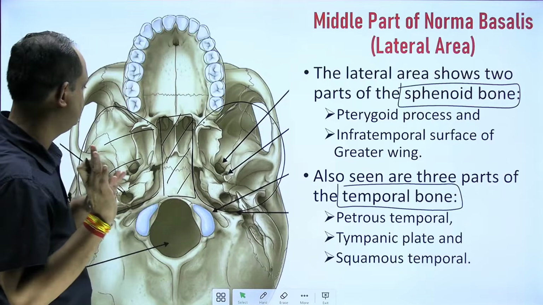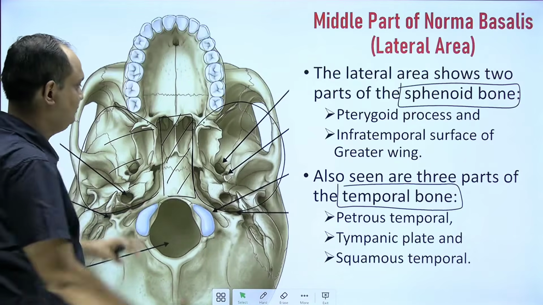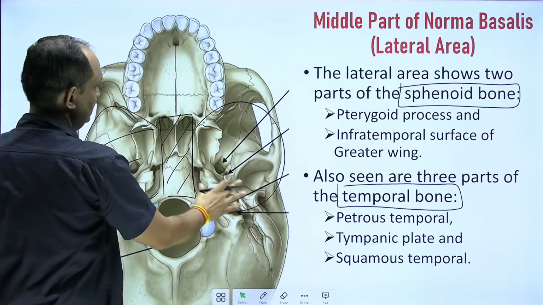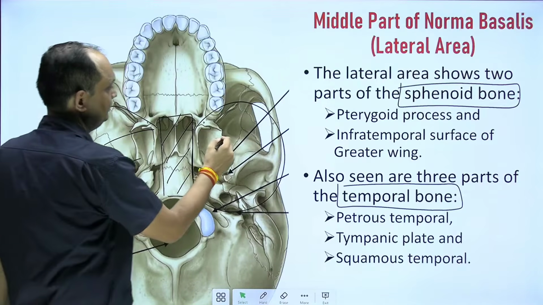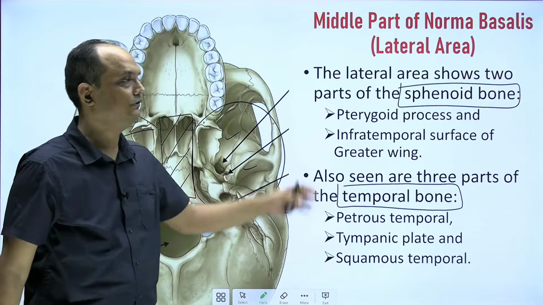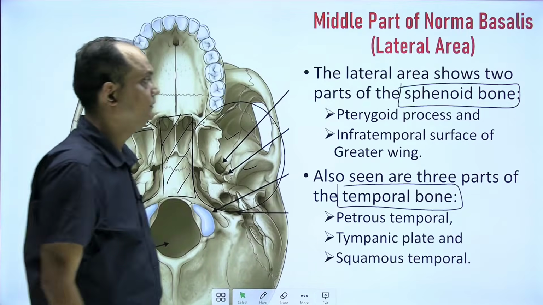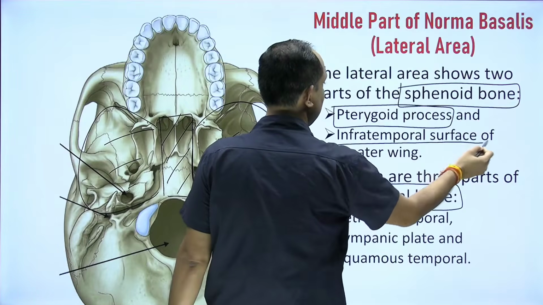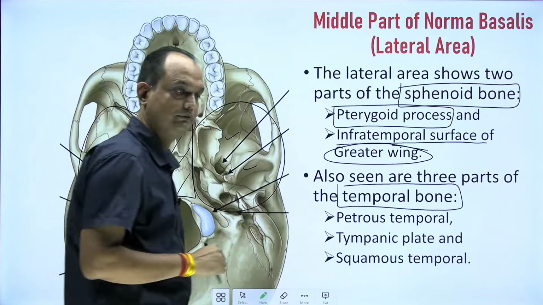When you see this norma basalis, I am talking about these two lateral sides of the middle portion. Here you will have the contribution from the sphenoid bone and temporal bone. Now which areas of sphenoid bone are visible in this view? First is the pterygoid process, and second is the infratemporal surface of the greater wing of sphenoid.